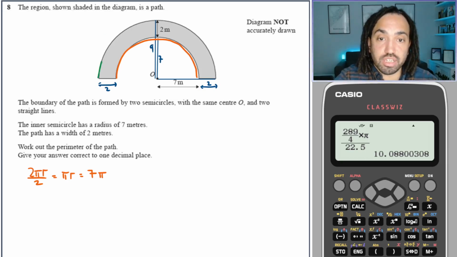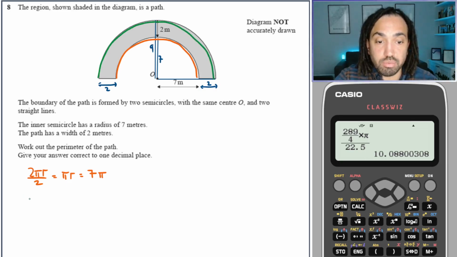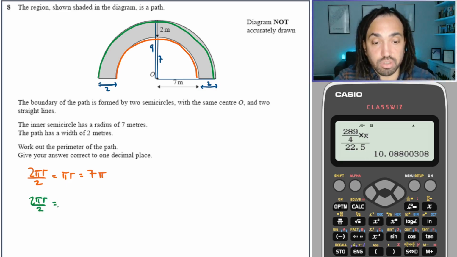Okay, and now let's find the green part, which again is a semicircle. So it's 2 pi r is the formula for circumference, but we need to half it. And then that's just pi r, so this is just 9 pi.